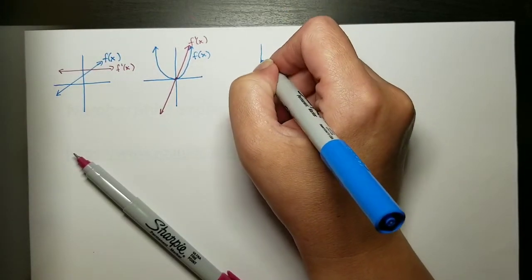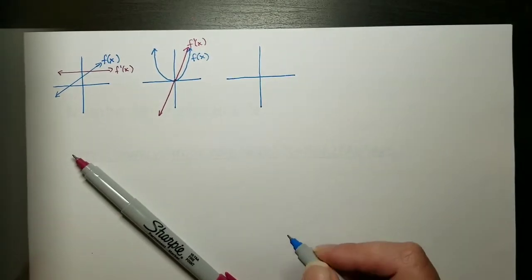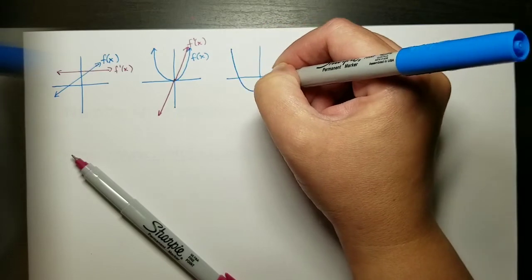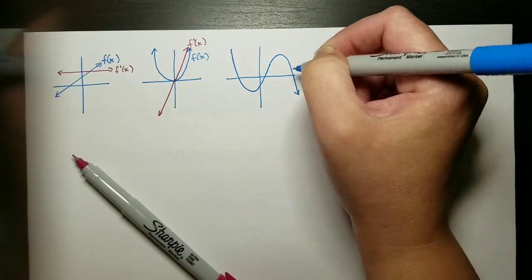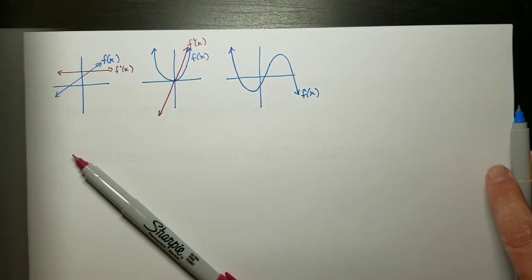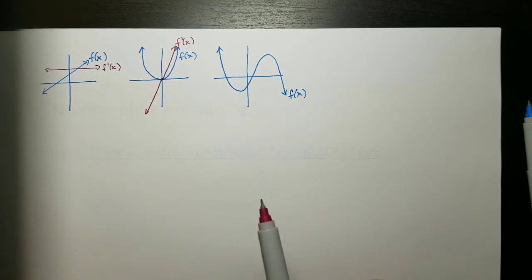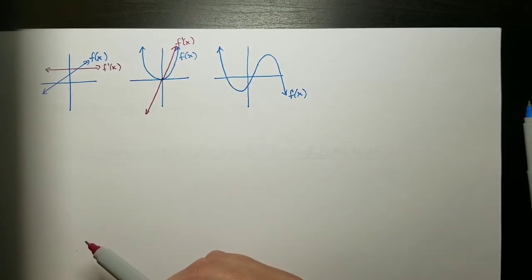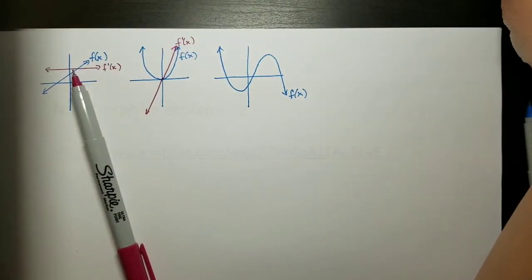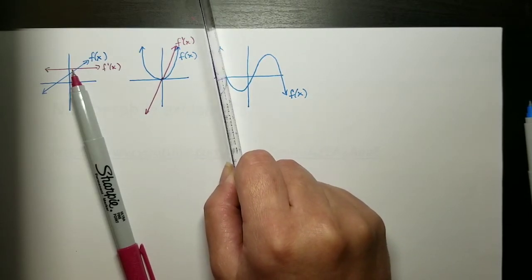So if we extended that and had maybe a cubic, or any kind of higher degree polynomial function, let's think about what the graph of the derivative might look like. Again, I'm not using any kind of scale here, but if I pull my ruler in again, the slope of the tangent out here is a big negative number.